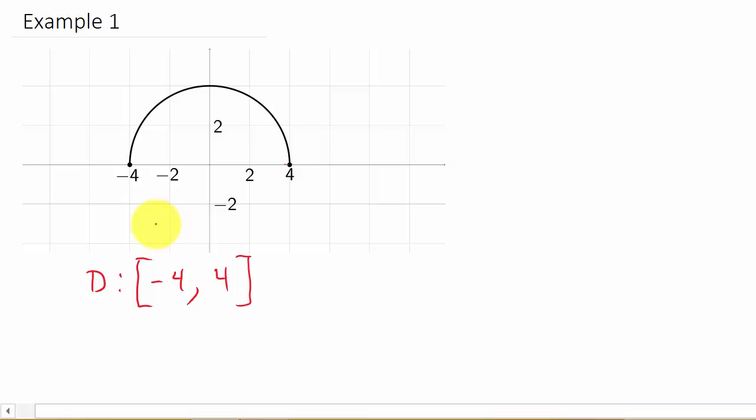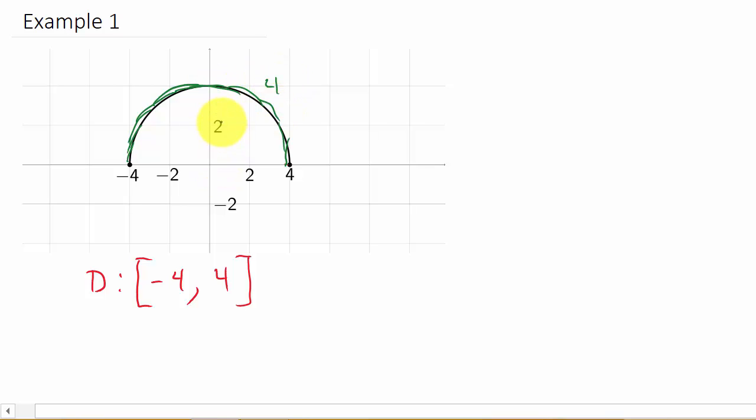Now let's look at the range. We see where the graph starts and where it stops over here. But as we trace across the graph, we want to know what y values it is hitting. If we start here, the graph goes up all the way until it gets to 4.